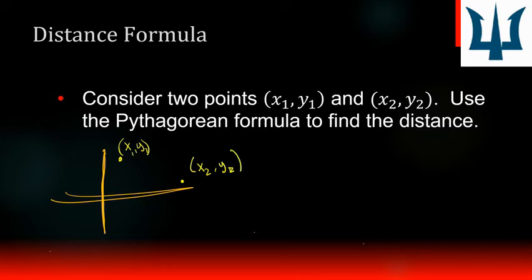When I've got those two points there, I can construct a triangle. I can figure out how far down this is by finding how far it is between y1 and y2. So I'm going to do y2 minus y1. It doesn't matter what order it's in, it's always going to come up with the same answer.